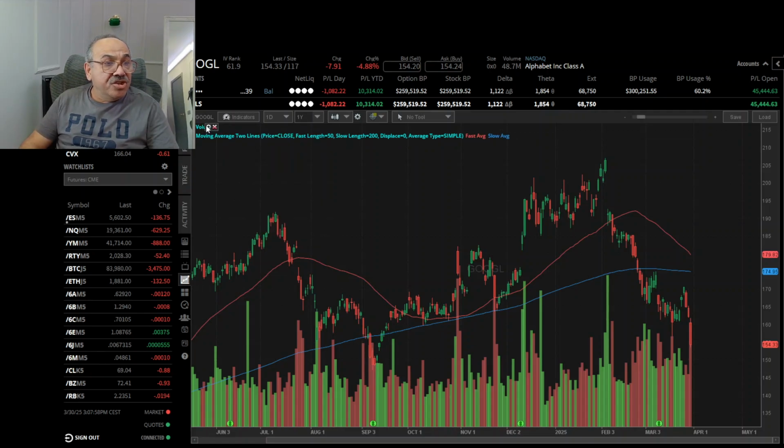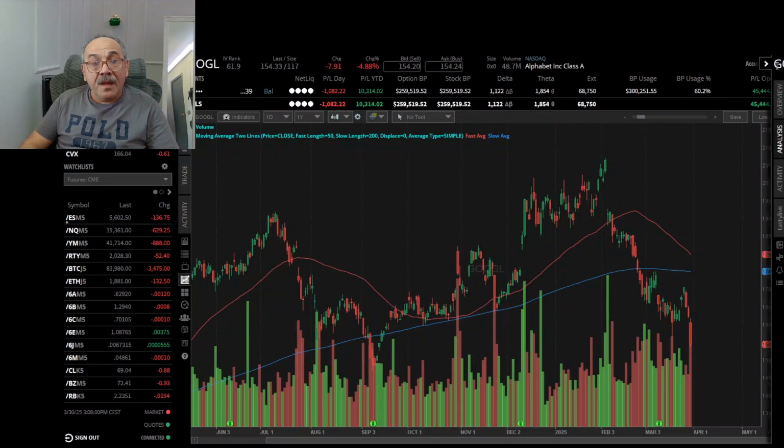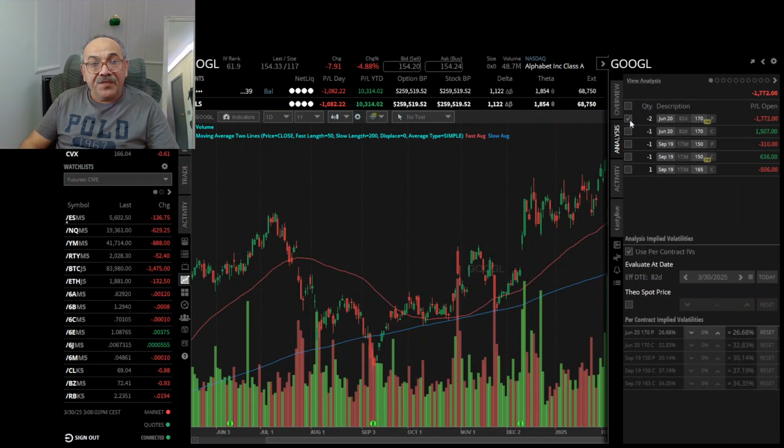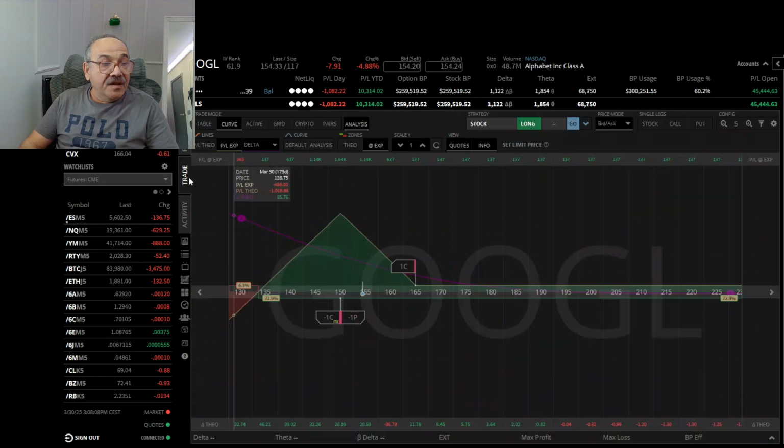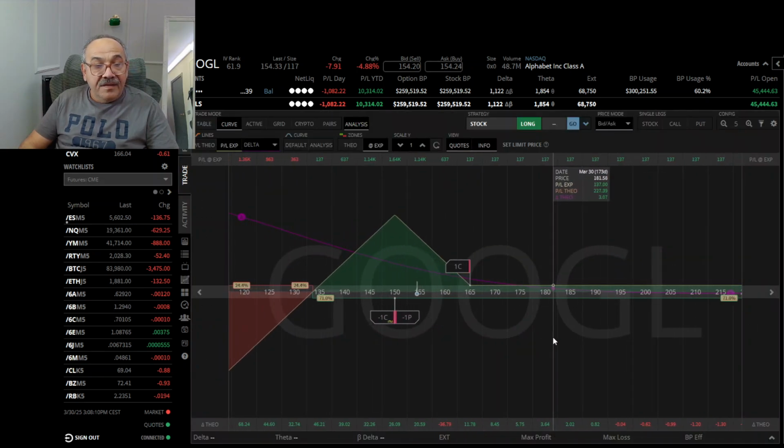And if we check our base, which is 173 days till expiration, it looks like this. You see that we don't have risk from upside because we have a long call here.